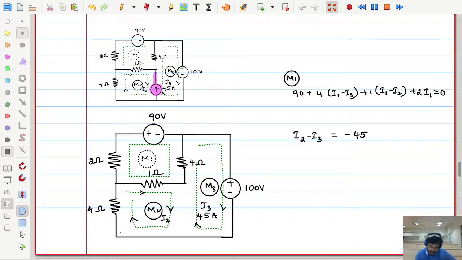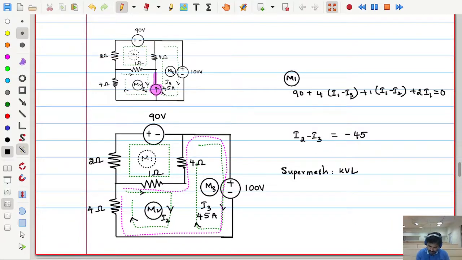Now I will write up the equation for these two meshes together with this pink color path, the KVL equation. That is what? Super mesh equation, KVL equation. Let me write.